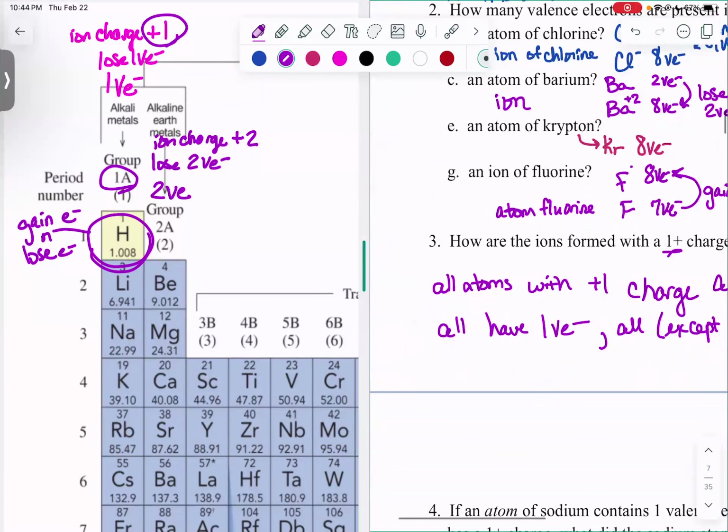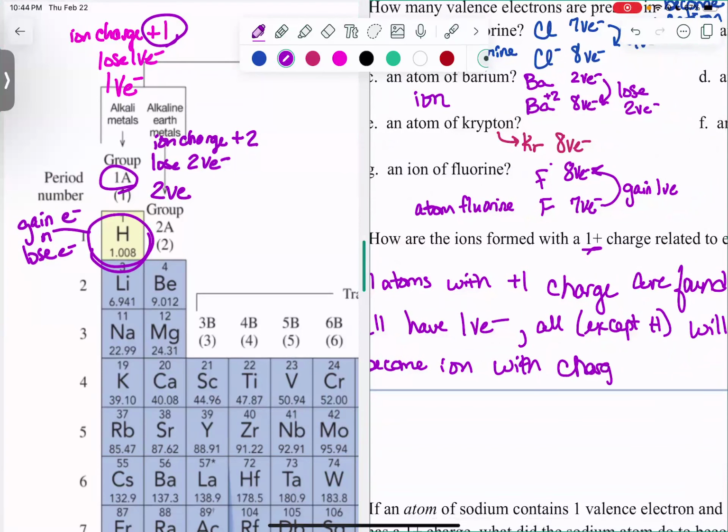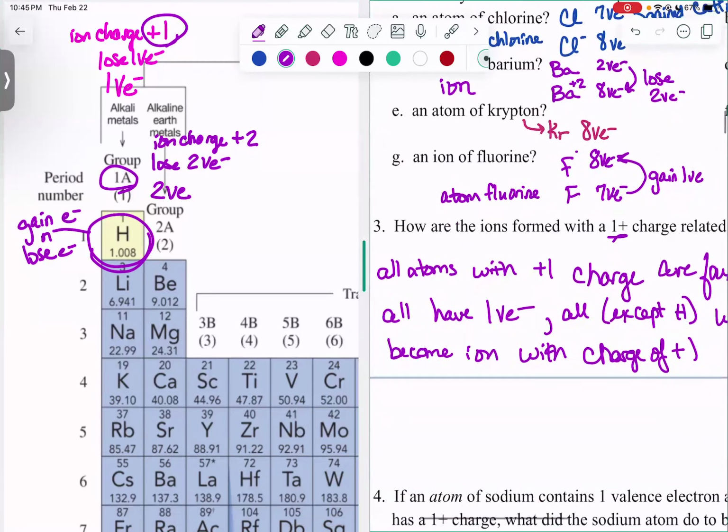And when they lose their one valence electron, they're going to become an ion with that charge of +1, right? So you can see where that information is coming from.